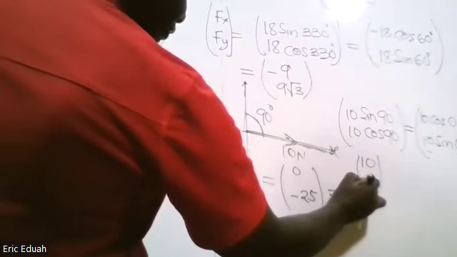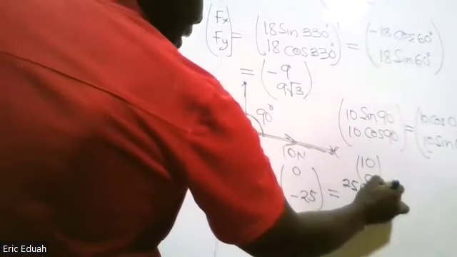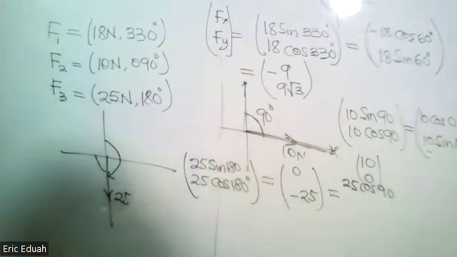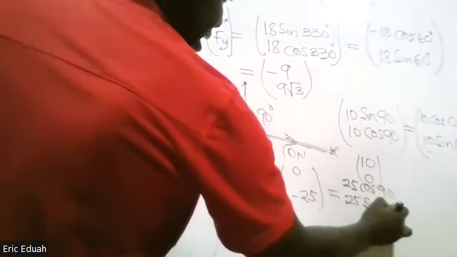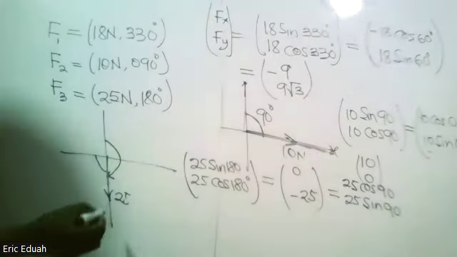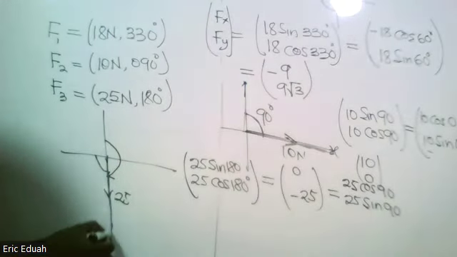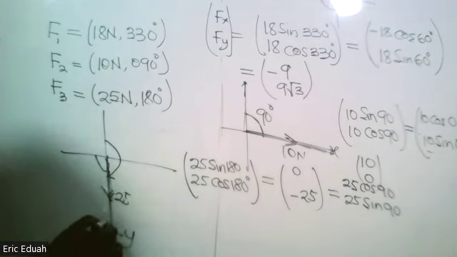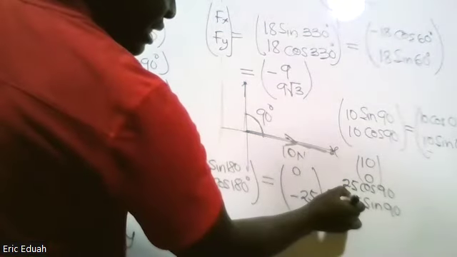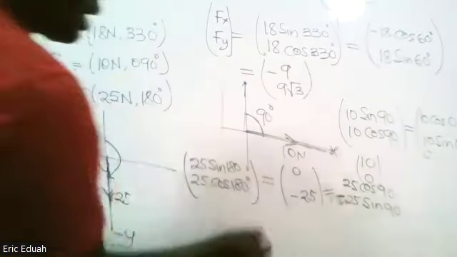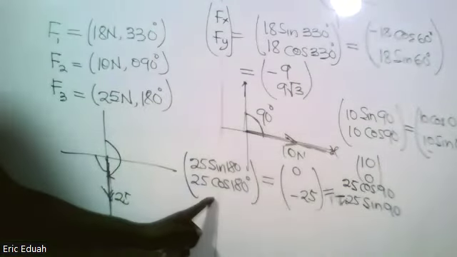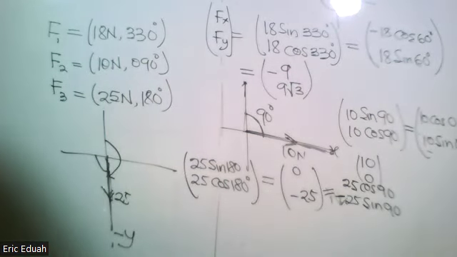So 25 cos 90 and then 25 sine 90. However, the y component falls along the negative y-axis, and so I must negate this. And it will be the same as using the angle it makes with the y.